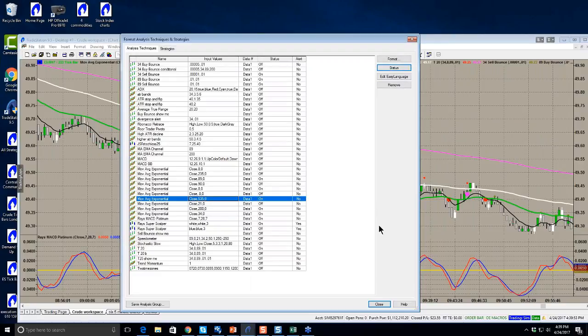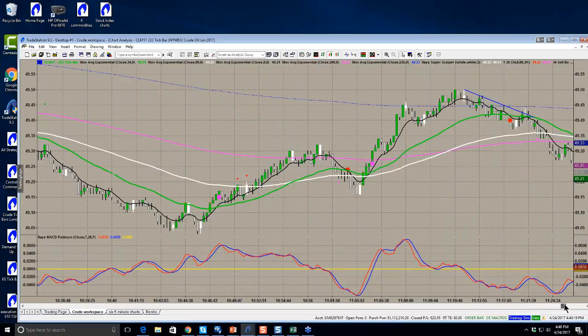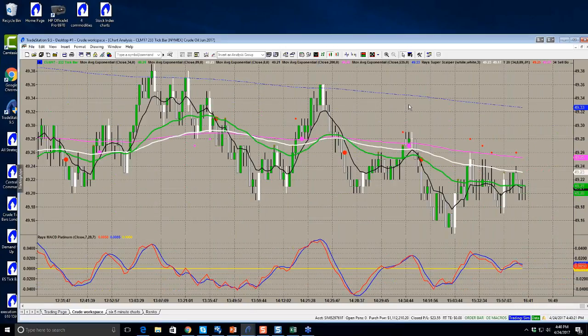It's a large period moving average. It's 535 in the 233 tick chart. We also use what are known as anchor charts. We use the 610 to get an idea of a larger and longer term period trend.